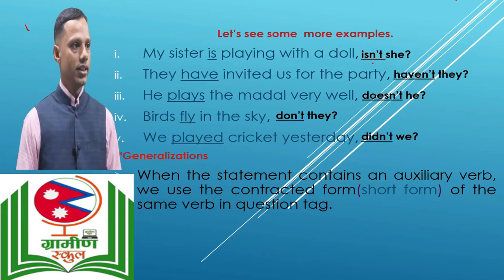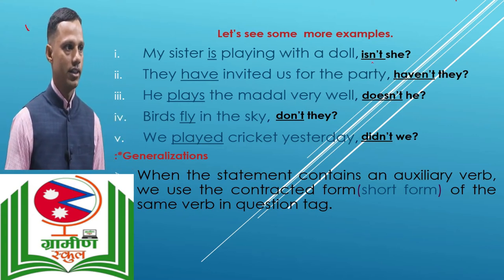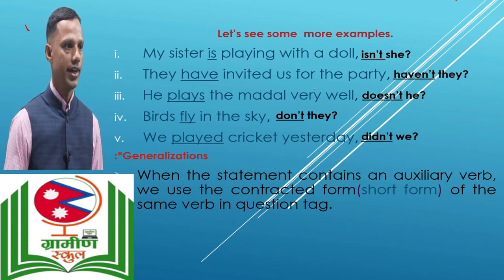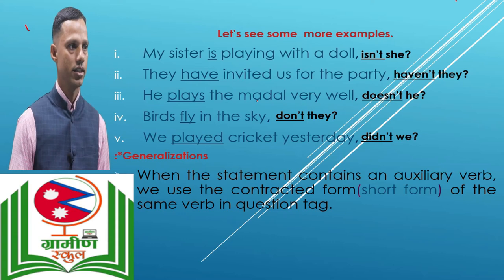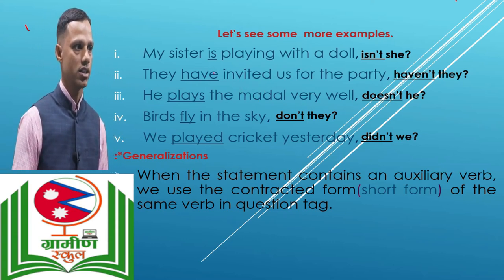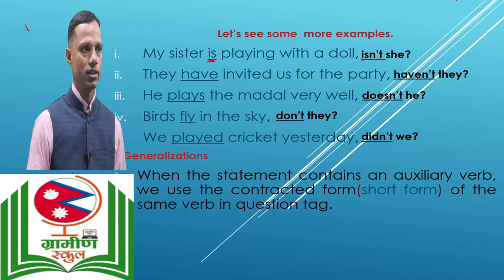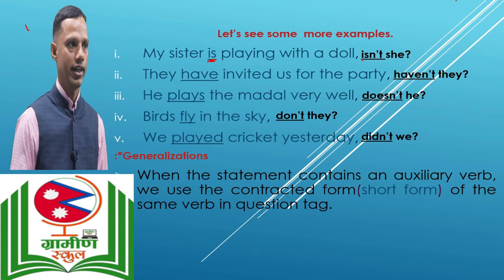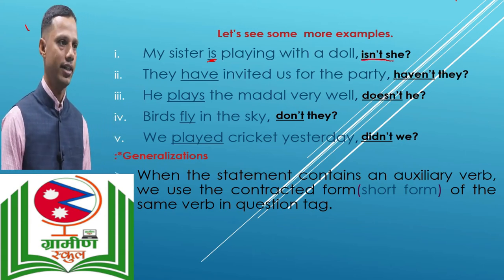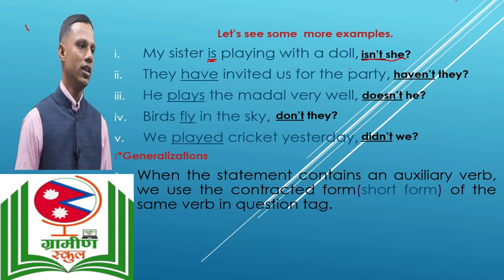Let us see example number I. In this example, you can see the use of the auxiliary verb is, right? My sister is playing with a doll. And the question tag that we have made at the end of this statement is, isn't she?